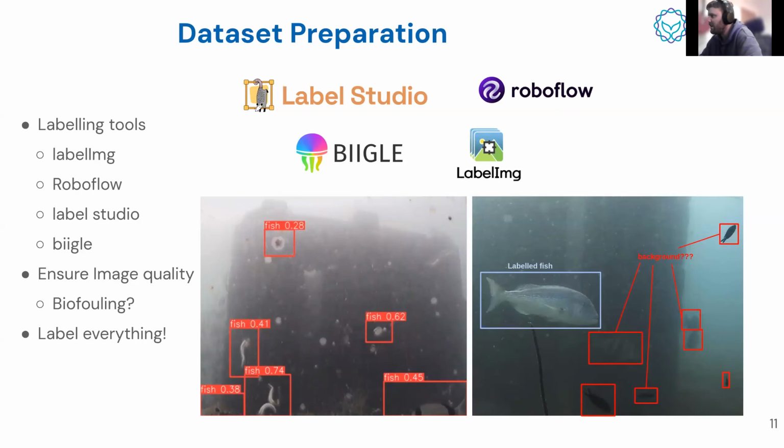Maybe they are not as clear as the first one, but if you are not labeling them, the model is going to understand that this is actually background. And you want to avoid that. You don't want to cheat on your model, because if you don't label everything, you are implicitly saying that this is background, and then you will run into all sorts of trouble. So labeling, as you can see, is very time consuming.